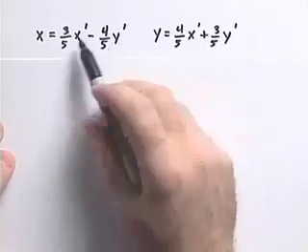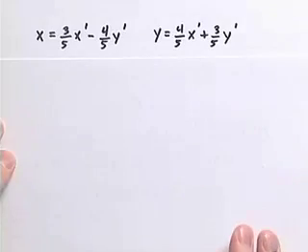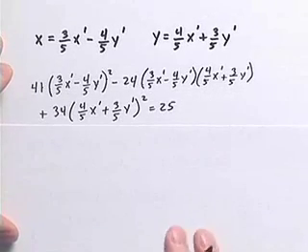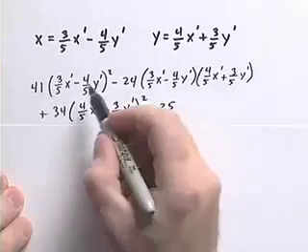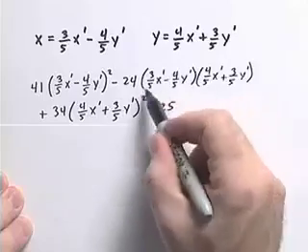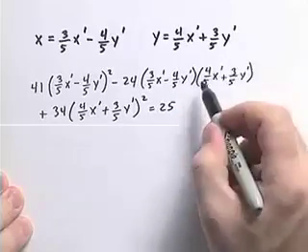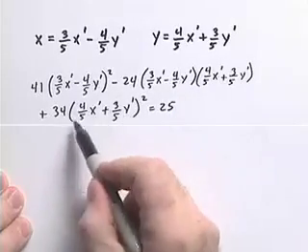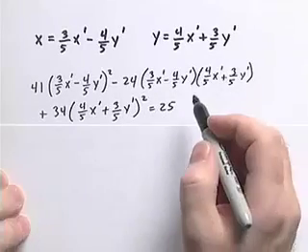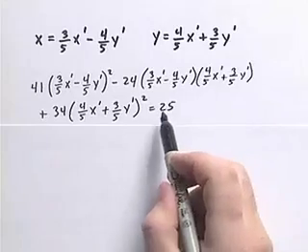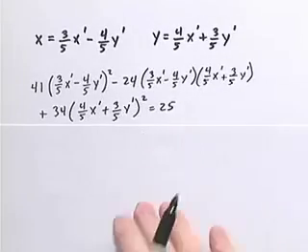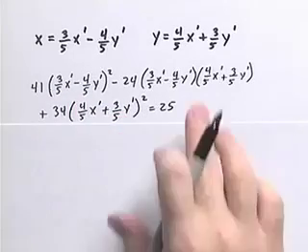If we substitute these expressions into our original equation, we'll get 41 times our new value for x, squared, minus 24 times our value for x times our value for y, plus 34 times our value for y squared, and that's going to equal 25. If we multiply both sides by 25, that will get rid of our denominators, and then we're going to expand each of these squares and this product.